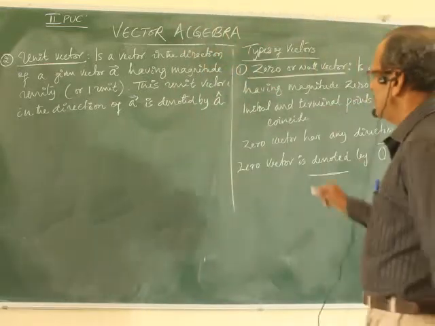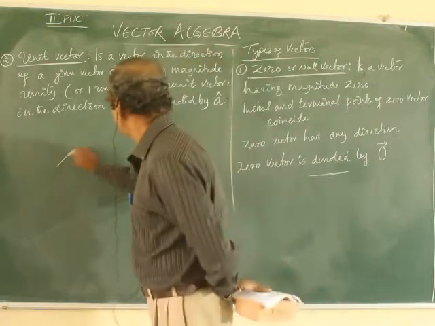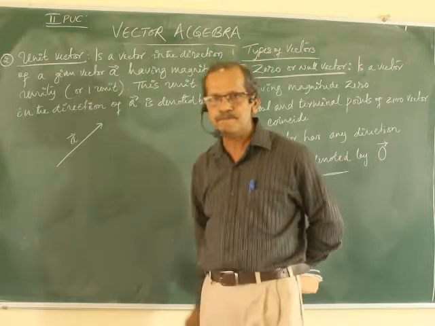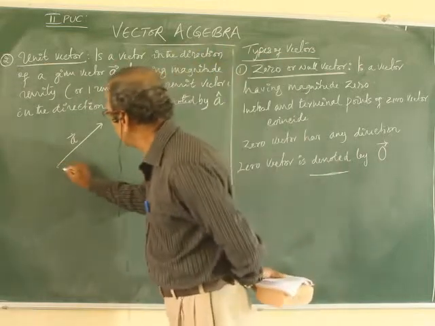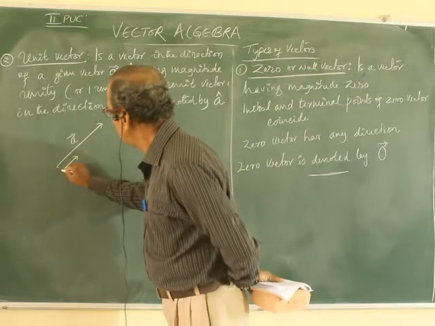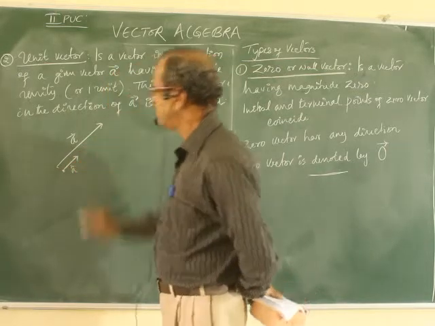Have you got the idea about unit vector? If so, you can draw that. A is any given vector A. In the same direction, length should be 1 only. So this is A cap.